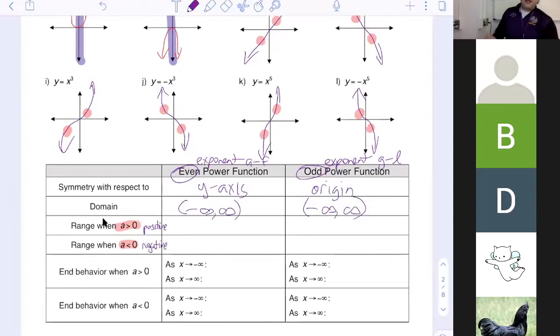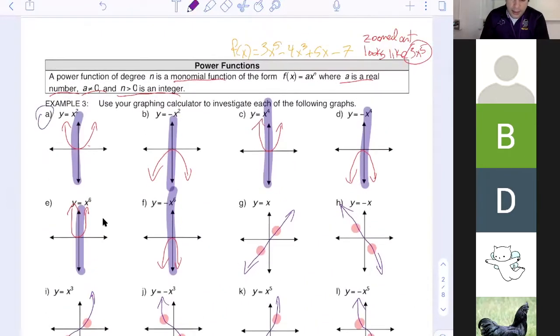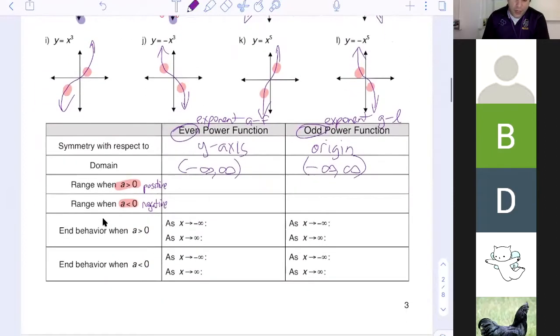So let's take a look at the even functions for now. So when the a value is positive, we're talking about a, c, and e. And we said the domain was all reals, but their range, well, that's a little different. So if you look at these, a, c, and e, we know they're pointing up to infinity, but what's the lowest point? And that's how we find the range.